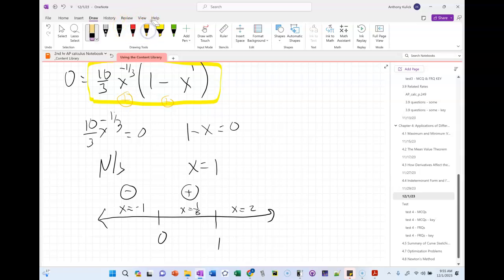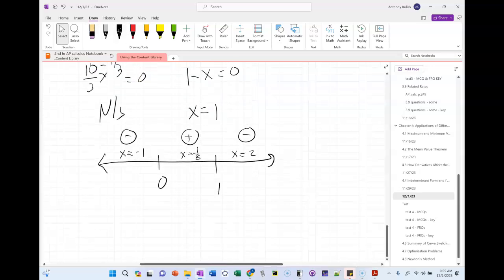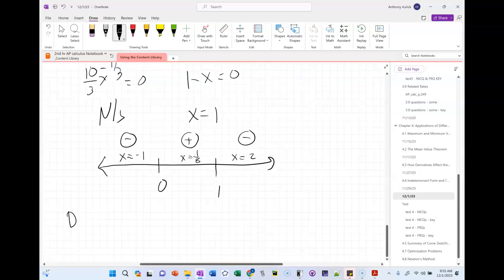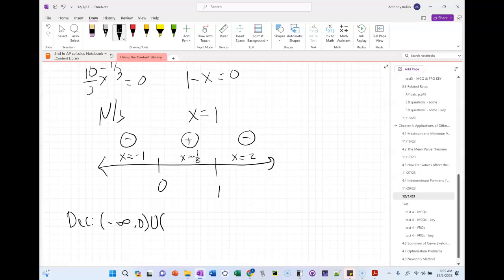And then if I plug the 2 in, I get positive, and then I get negative. So we are decreasing from negative infinity to 0, and then 1 to positive infinity, and we're increasing from 0 to 1.